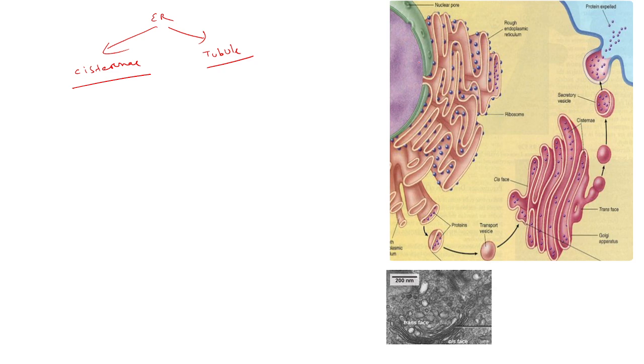This flattened structure is called the cisternae. So what is the cisternae? The cisternae is a long flattened unit, and they are hollow.